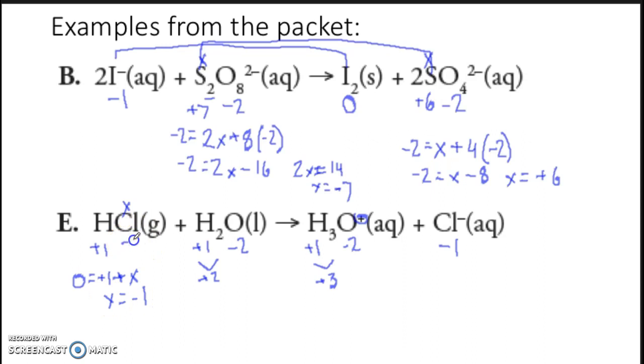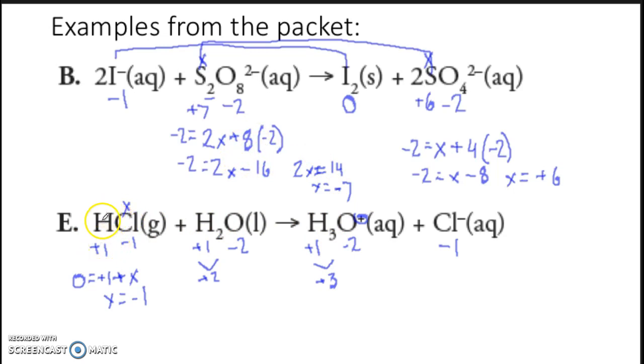You can write that equation out, but you should also be able to just look at this and know if this is a +1 and there's no charge here, that's a -1. So you don't have to write the algebra out if you can do it in your head. And that's honestly where I'd like you to be able to get to. For more complex polyatomic ions like this, this is helpful. But for simple things like this, do this in your head.